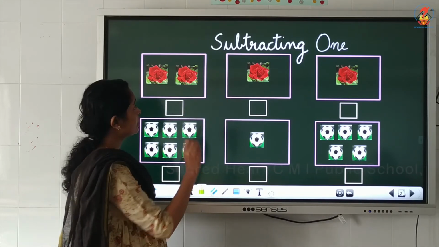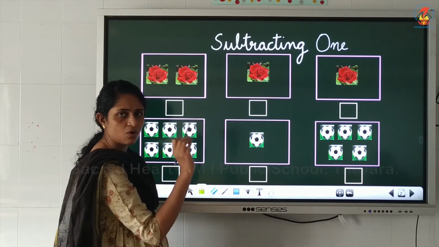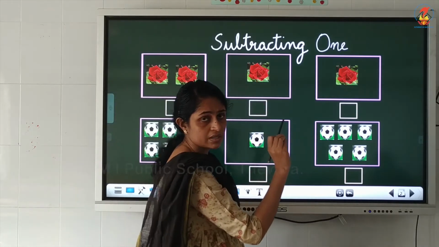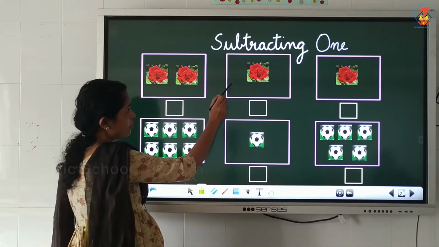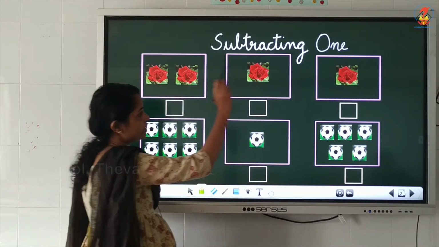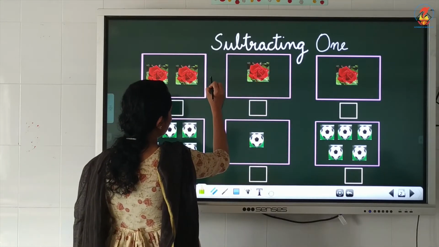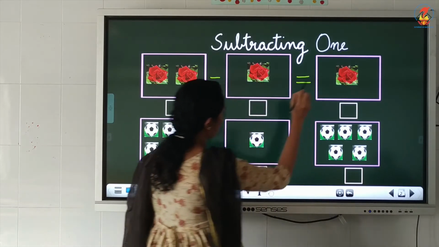That means from 2 roses we are taking 1 rose. So how many roses will be remaining, children? How many are given in the third box? The third box, it is 1. That is, when we are taking 1 from 2, the answer will be 1. So the answer is 1.